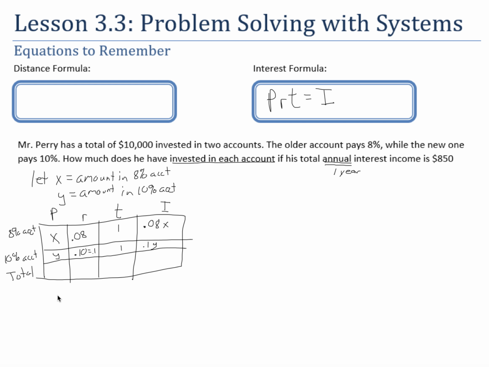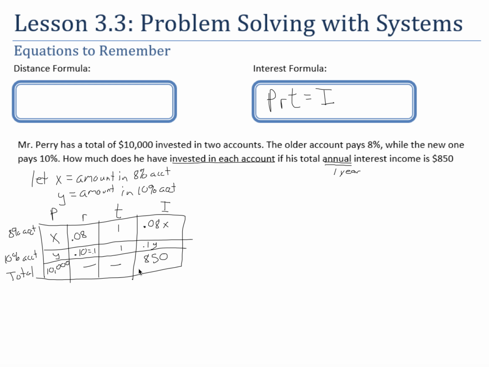In this totals column, what's the total principal, total amount invested? That's $10,000. We don't really have a total rate or total time. We don't put 2 years because it's still 1 year. So we don't ever put totals for these two. But we do have a total interest earned, and that's the $850.